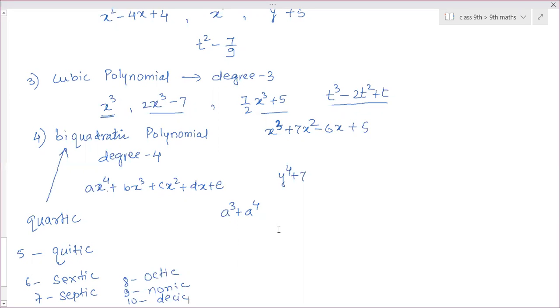So by knowing this, you are able to solve the first exercise of NCERT and the first exercise of RS Aggarwal. Both are the same. First you have to check whether the expressions are polynomial or not. Second, classify as monomial, binomial, trinomial.